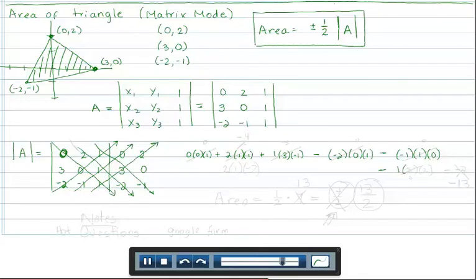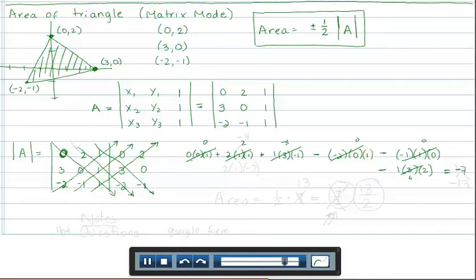Minus 1 times 3 times 2. And what answer do we get? Alright, so let's see, what do we get? This here it's a 0, it's a 2, it's a minus 3, it's a 0, it's a 0, it's a 6. So it's going to be 2 minus 3 is minus 1, and minus 6 is a minus 7.